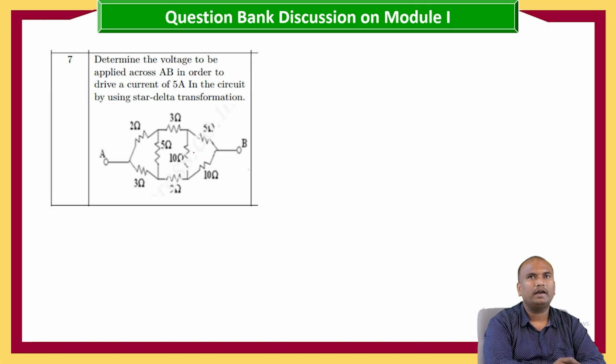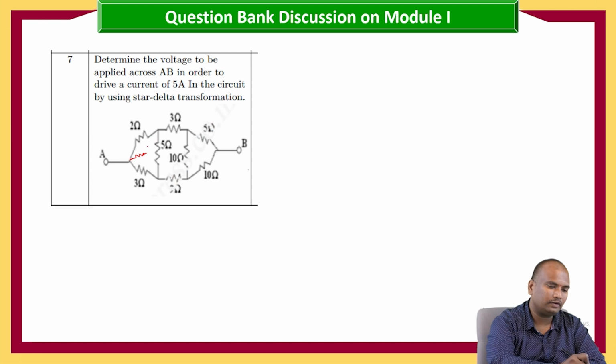Here I am considering only the deltas. These two deltas are going to be converted into star. So here I am going to replace them with RA, RB, RC and RX, RY, RZ.